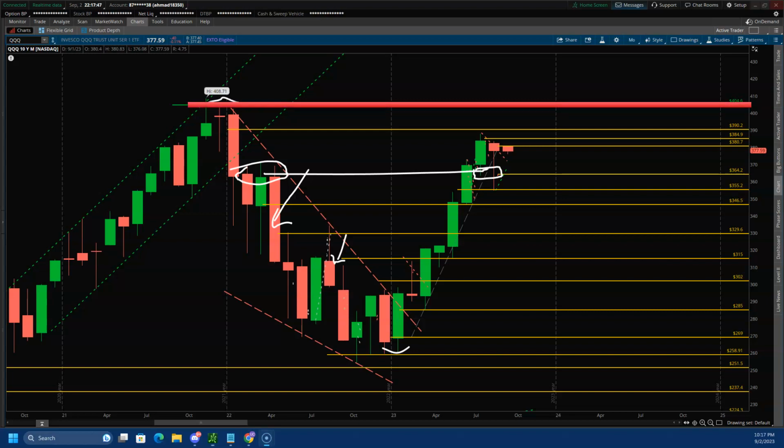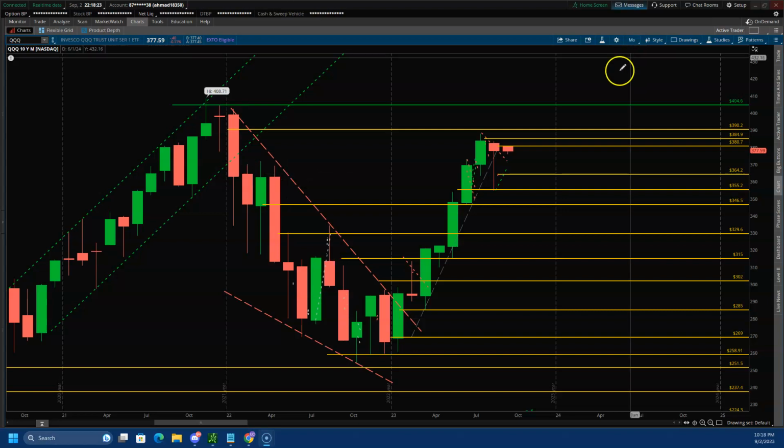Above that we have the all-time high around 405, right? So we just need to break this level around 385 and then 390, and then 400 plus becomes the target here on the monthly level.